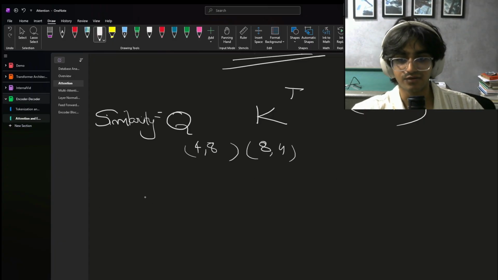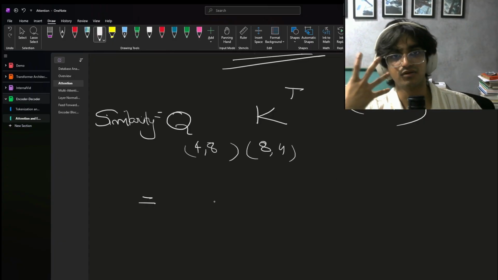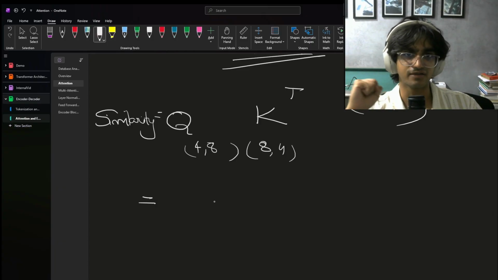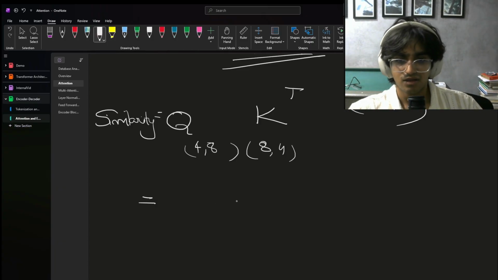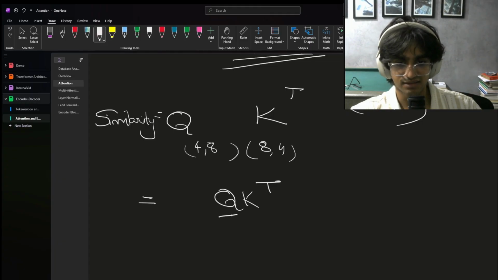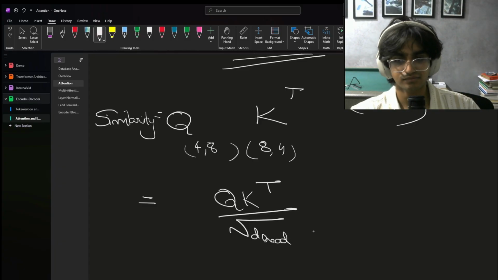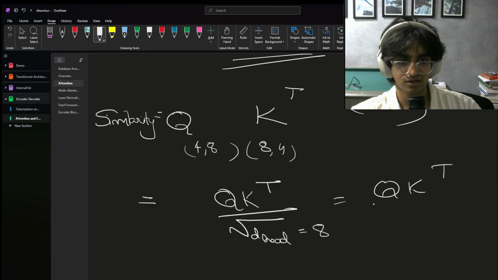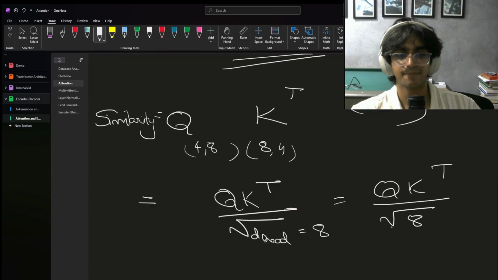And there's something that we do. I urge you to have a basic understanding of neural networks and batch normalization, because we're going to be applying some of that concept here. We're going to divide this by the root of the dimension of your attention head. In this case, the dimension of our attention head is just 8. So it's just QK transpose by root of 8.